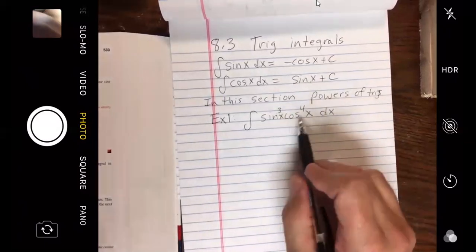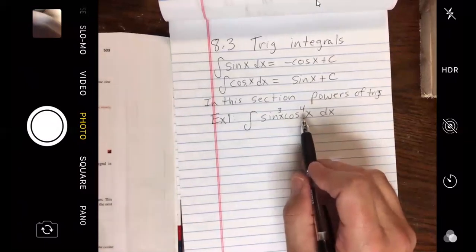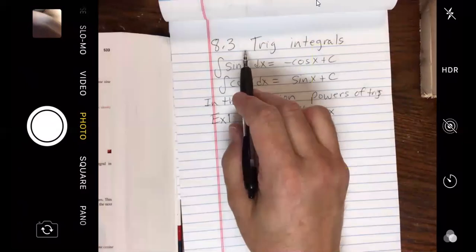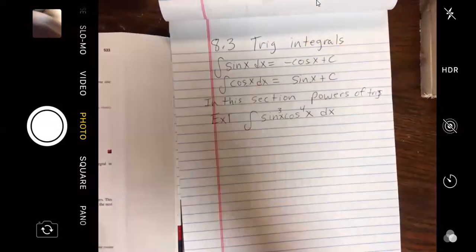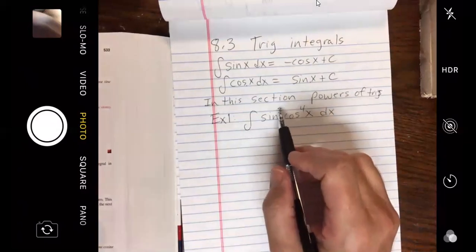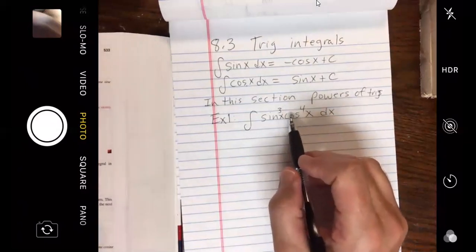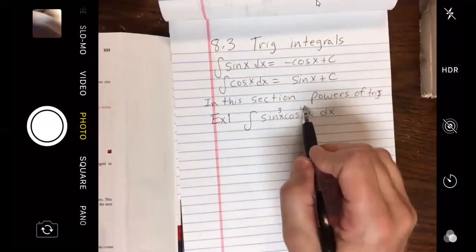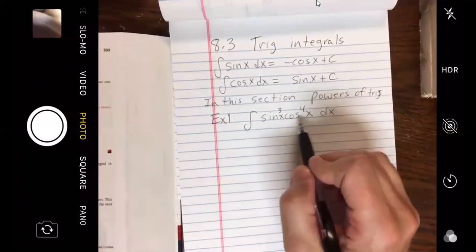This does not work by parts. That's why it's in its own section. It's got its own technique. Let me point something out though. The reason this is, I hate to say screwed up or needs a really more complicated technique is because they've given you a second power on this cosine.